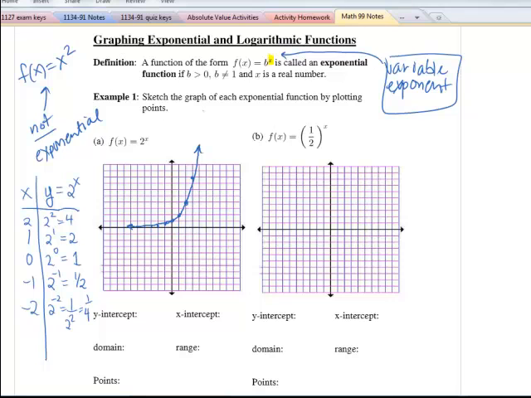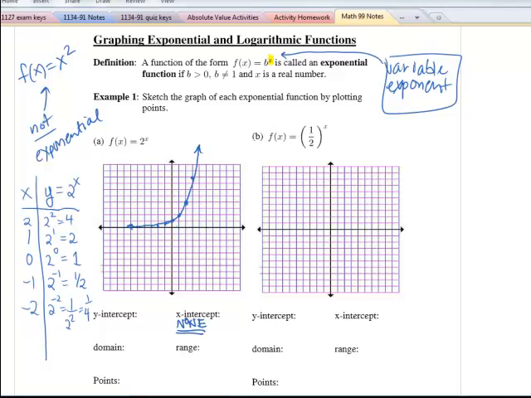Because it's always 1 over something, the function values are never going to get to 0. So that means there's not going to be an x-intercept.